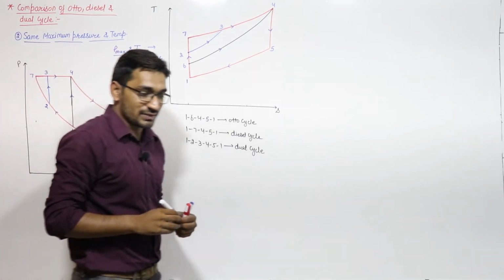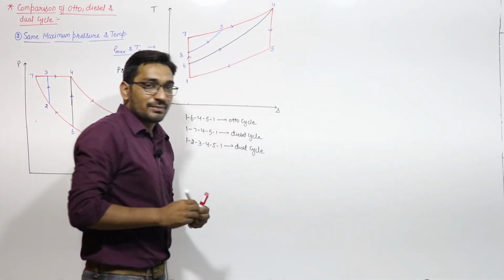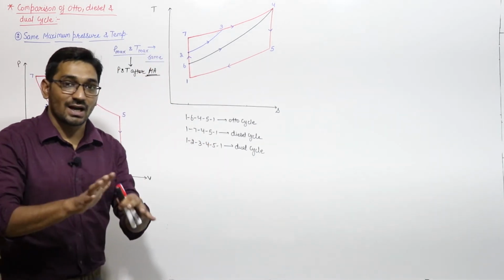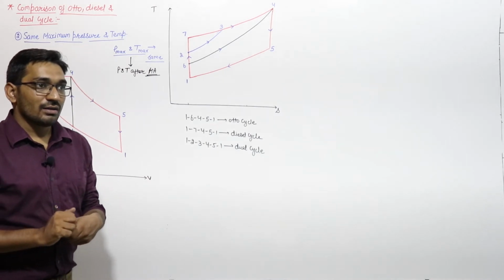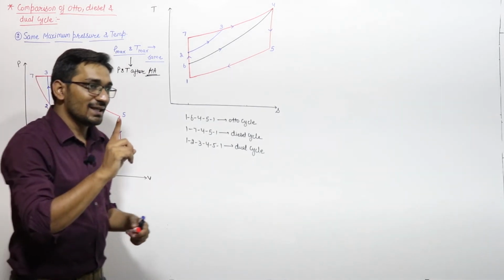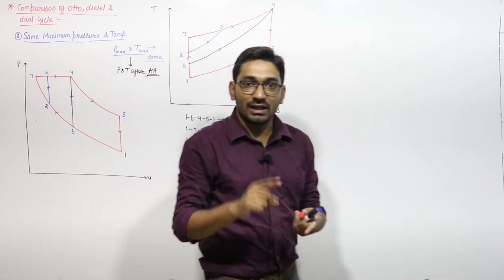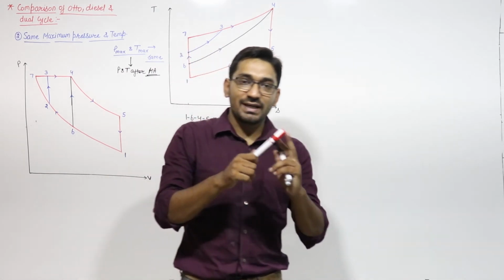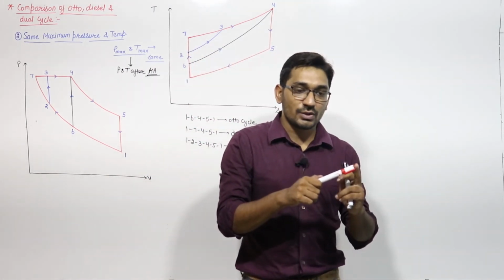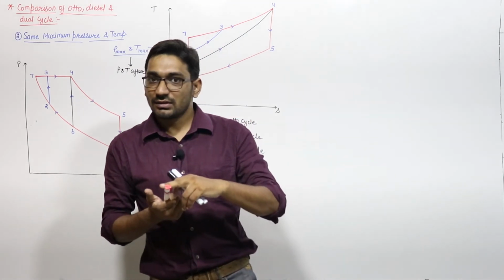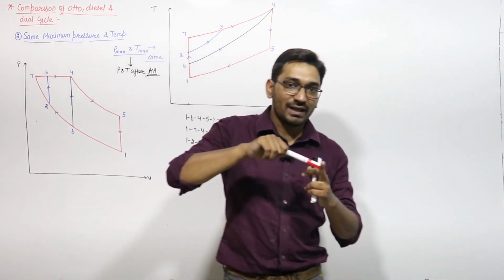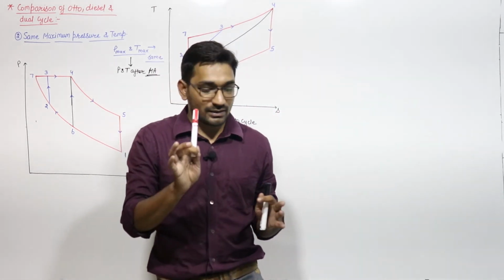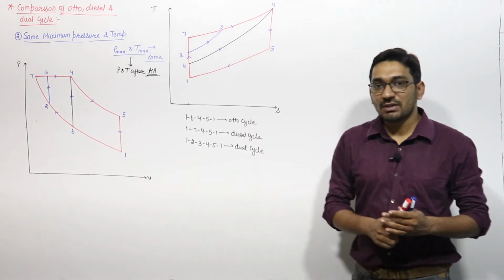Now, in these cycles, one cycle is the diesel cycle, in which heat addition is at constant pressure. So at the end of the heat addition, the pressure will be equal to the pressure at the end of the compression, because the heat addition is at constant pressure.